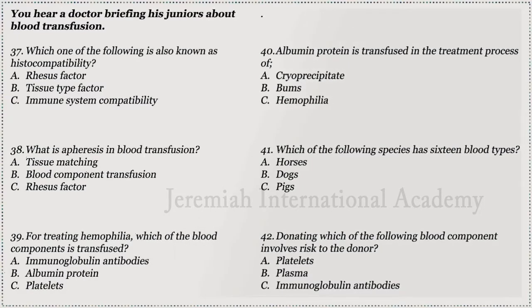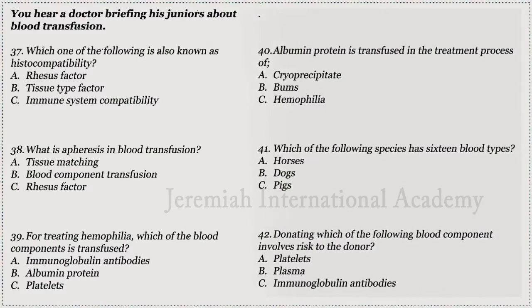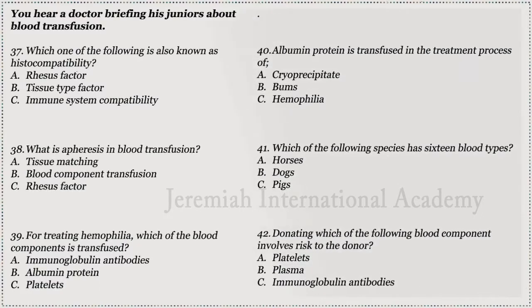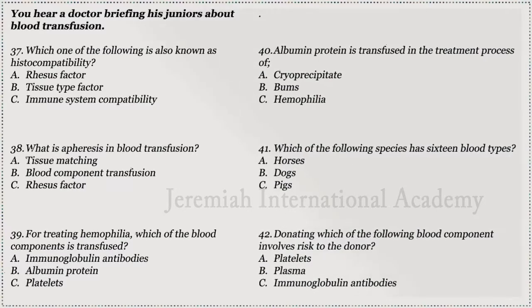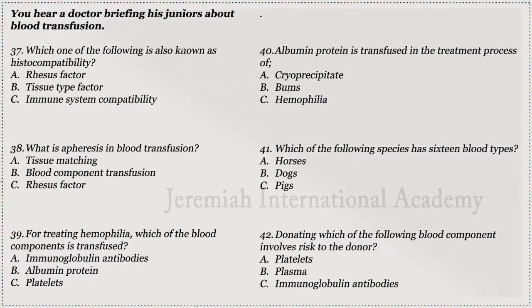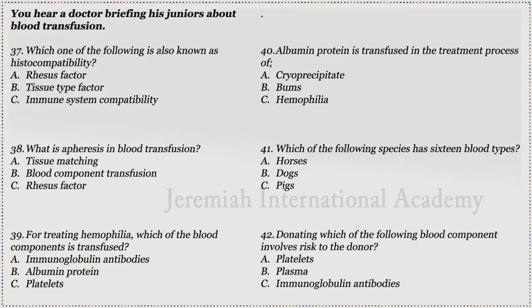Extracting blood or blood component products from one individual and inserting them into the circulatory system of another individual is known as blood transfusion. Therefore, blood transfusion can also be considered a form of organ transplant.